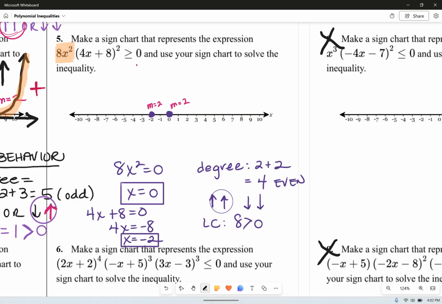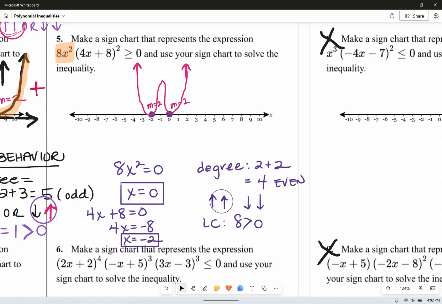So I'm going to put an arrow over here and an arrow over here. Okay. And let's come towards those x-intercepts. And what are we going to do? We have to bounce when we touch them. So bounce, go up, come back down, bounce, and there's my graph.